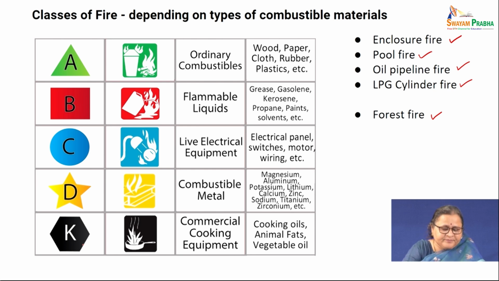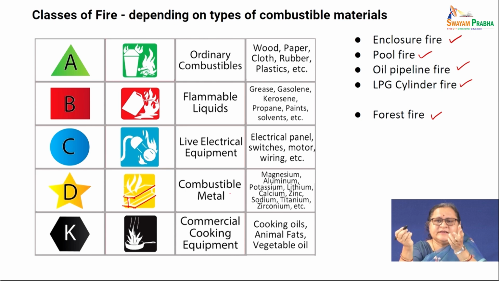C is live electrical equipment fire. Fire hazards can happen from various electrical equipment, charging points. D is combustible metal. You can see an I section drawn over here. This is a steel section, which is a combustible metal.